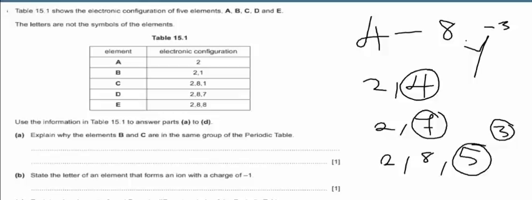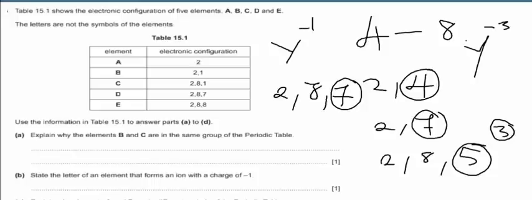Then when an element needs only 1 electron, it is going to form -1. So we can say if we have something like 2, 8, 7, meaning this element needs only one electron for it to become stable. If this element was Y, we can say Y to the power -1, meaning for this Y to become stable, it needs only one electron.